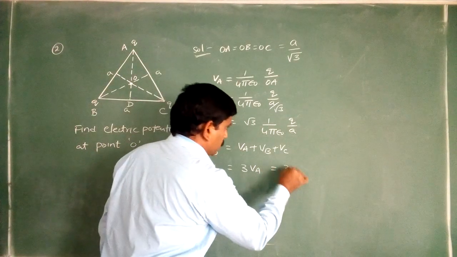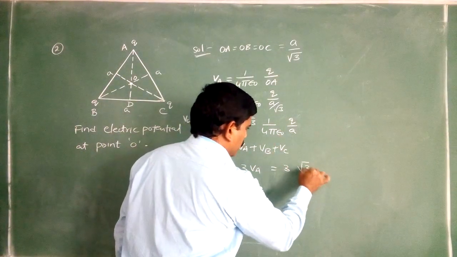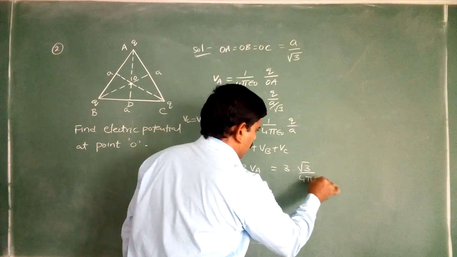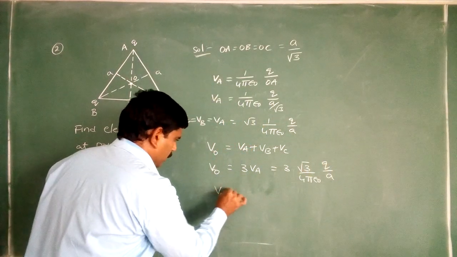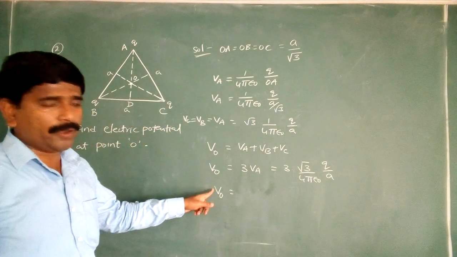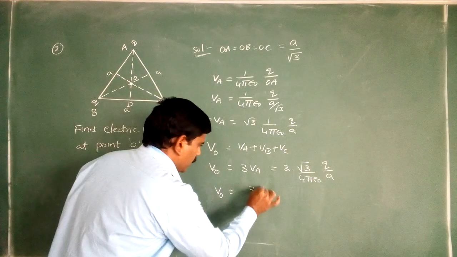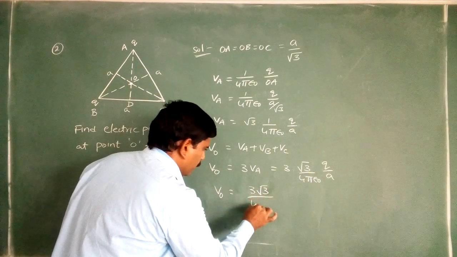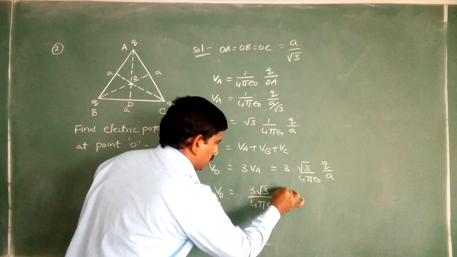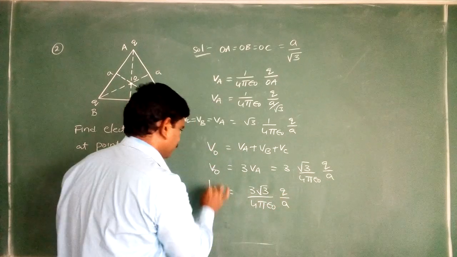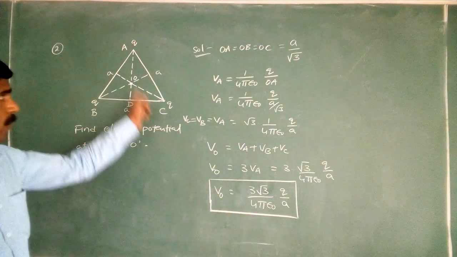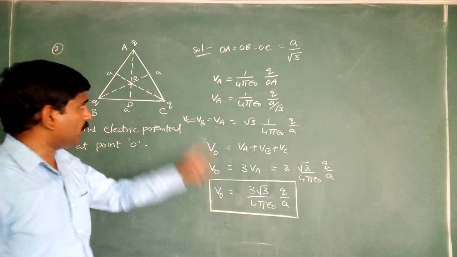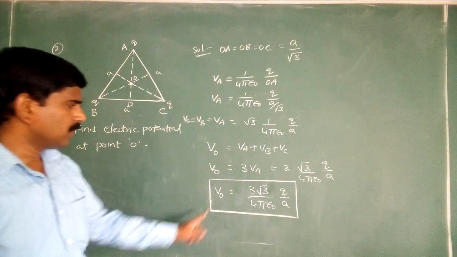That is 3 into root 3 by 4 pi epsilon naught into Q by A. Therefore V naught, the net potential at point O, is equal to 3 root 3 by 4 pi epsilon naught into Q by A. This is the net potential at point O.